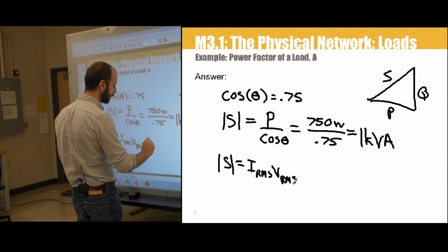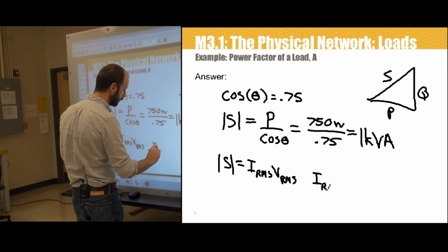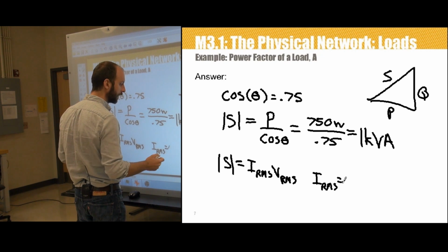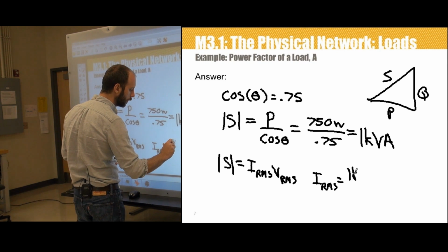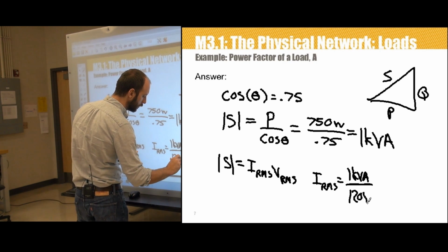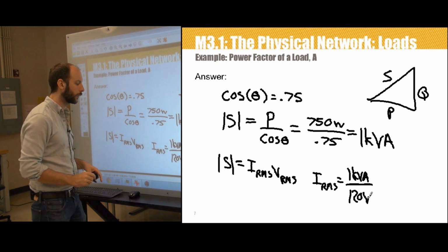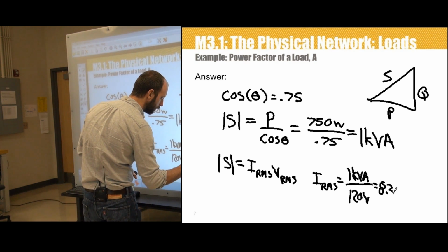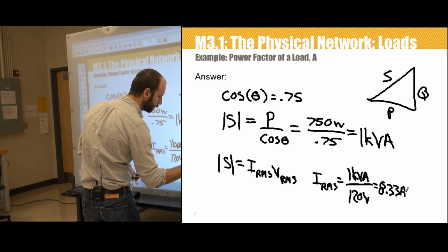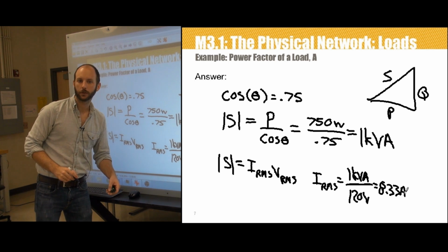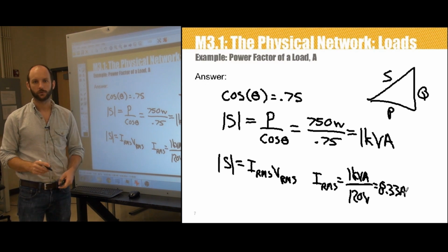So I RMS is 1 kVA divided by that voltage, 120 volts RMS, and that gives us 8.33 amps. Okay, so we now know the current draw. It's 8.33 amps at 120 volts.